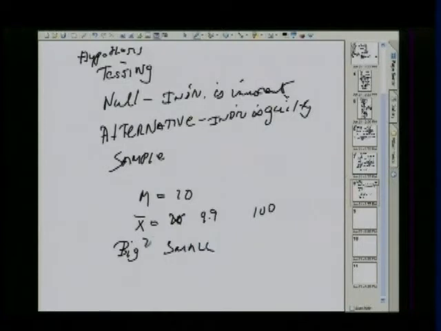Okay, this is why we care about that question. If we decide that the difference between the hypothesized value, mu equals 10, and the sample mean, 9.9, is small, then I'm going to say, I think the mean could be equal to 10, so I think the null hypothesis is okay.